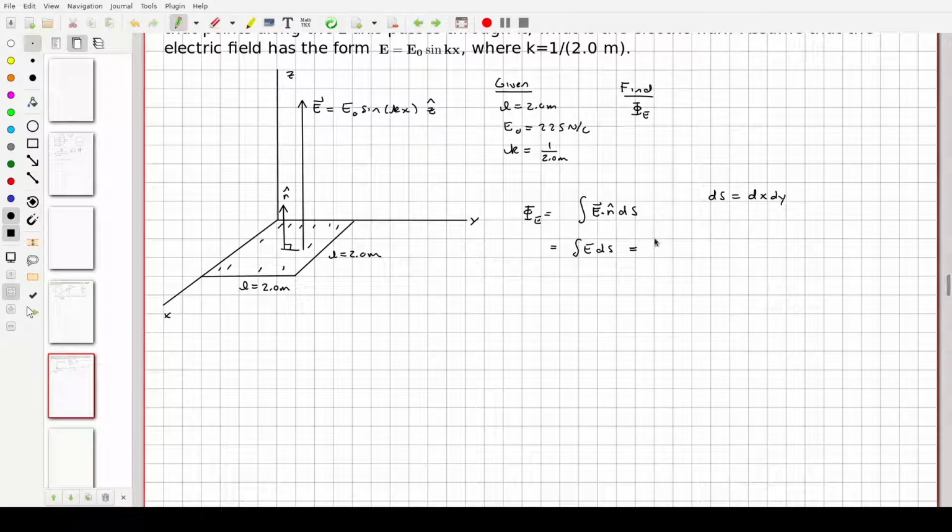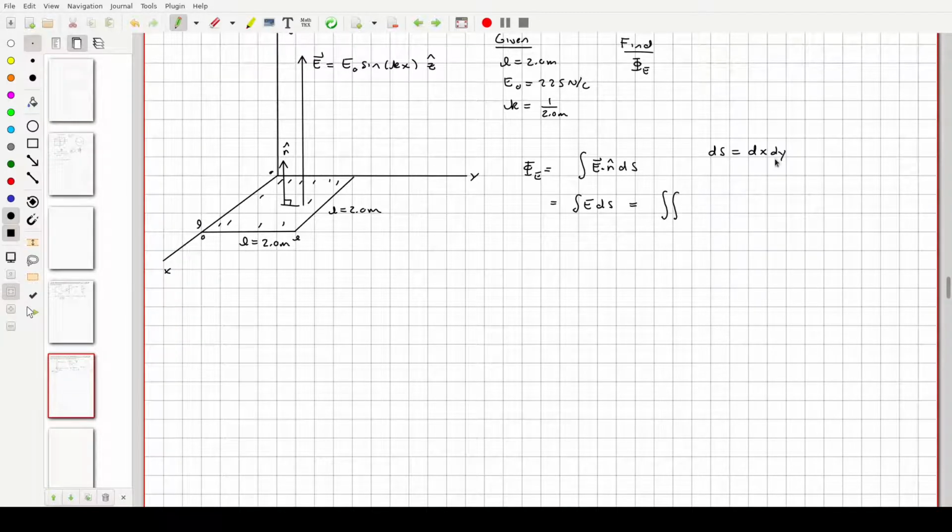Now, our area starts at 0 on the x-axis and ends at L. Actually, that's along y, sorry. 0 on y and ends at L. It starts at 0 at x, it ends at L. So the limits of our integral are from 0 to L and 0 to L.